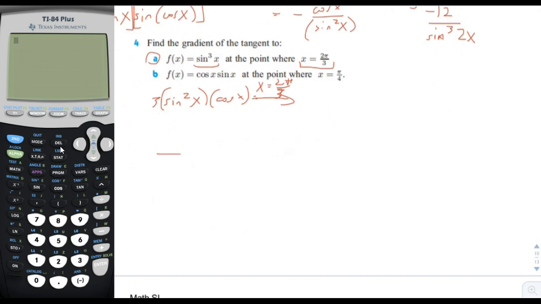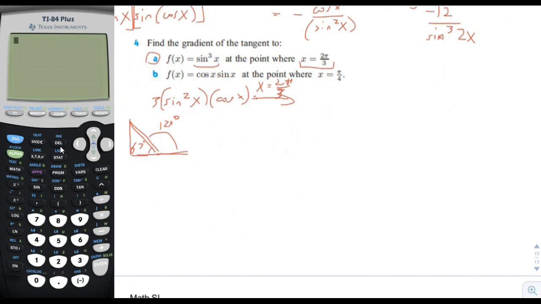So remember, 2 pi over 3 is basically 120 degrees. The reason why is 1/3 pi is 60 degrees, right? 2/3 pi is 120 degrees, okay? So this would be like 60 over here, and this would be 120 over here. Okay, so what is the sine of this angle?